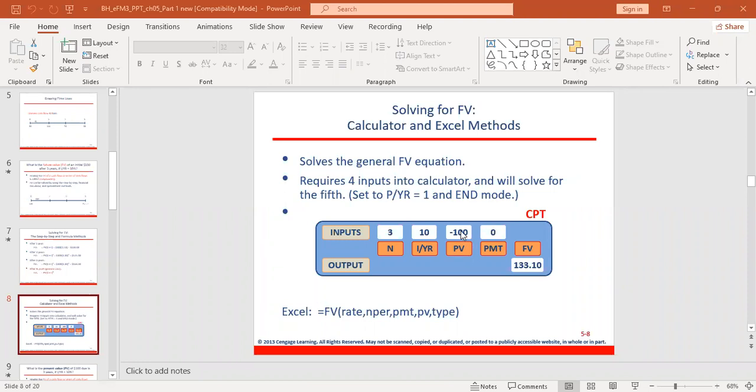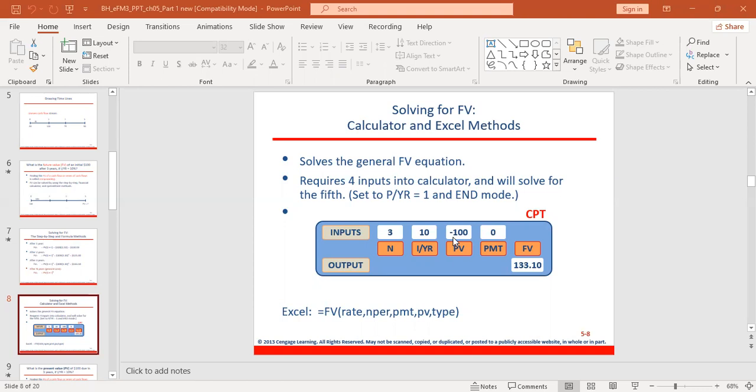Then you go to 100. Now this one is very important. Don't rush. You press 100. Because of the minus sign, the only way you can have it is to press plus minus. Go to the last row, you will see the plus minus button. You press it, it will show minus 100. Can you get minus 100? Yes.